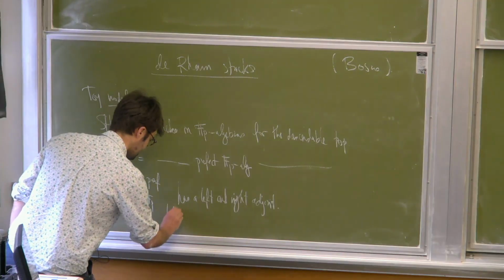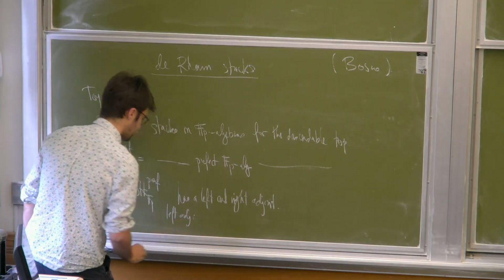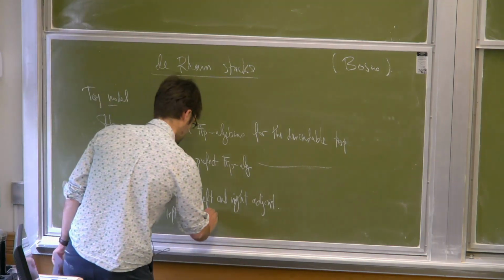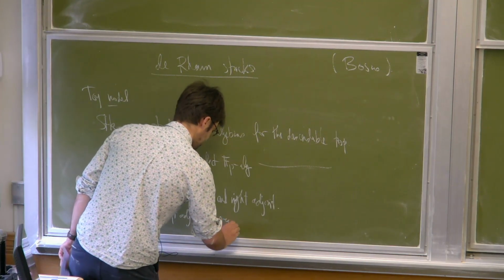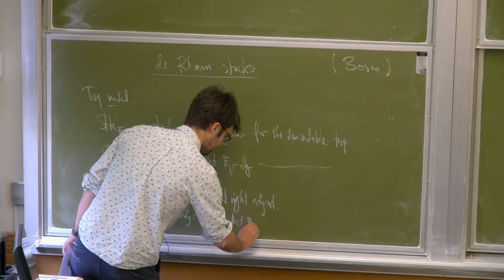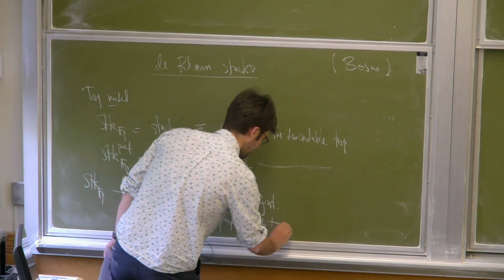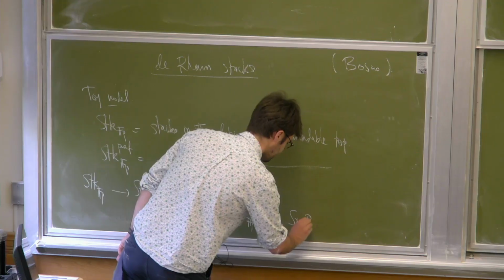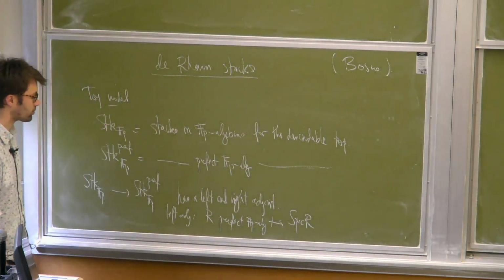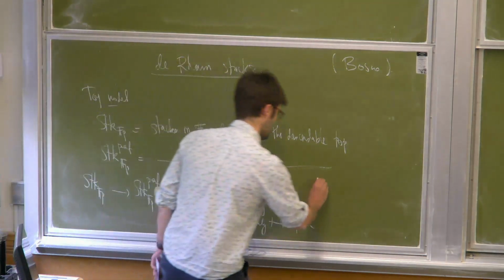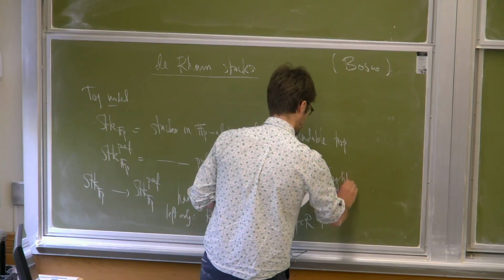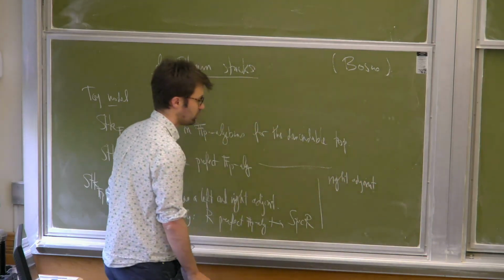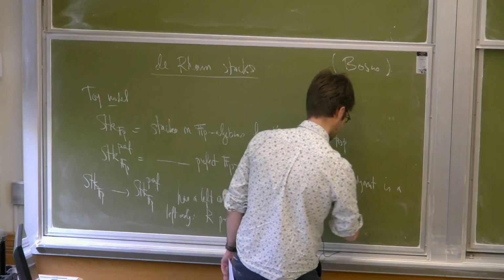So the left adjoint is basically just a functor which sends, if you have R, a perfect F_p-algebra, or the functor corepresented by R, you just send it to Spec R. And the right adjoint is maybe more interesting because it's a version of the de Rham stack.